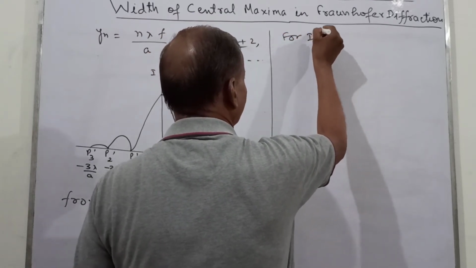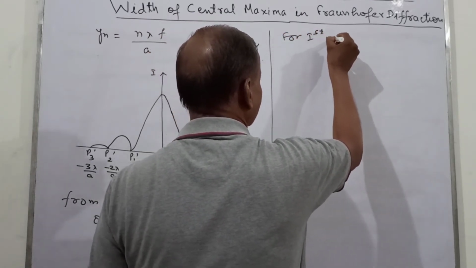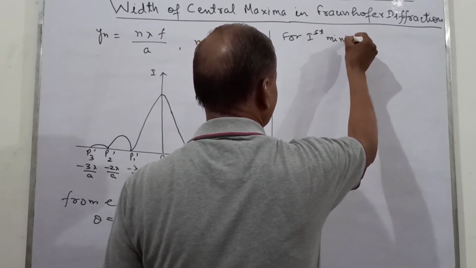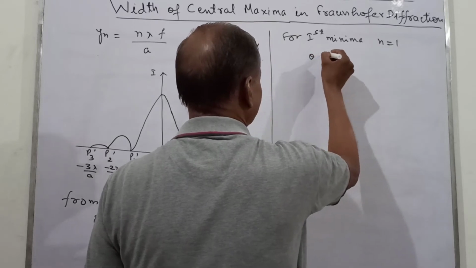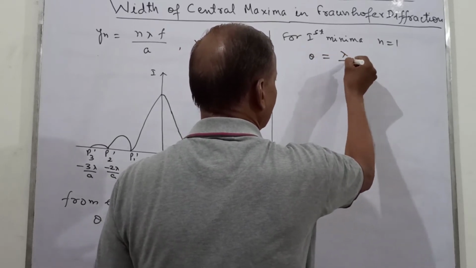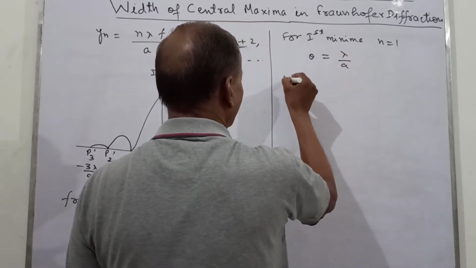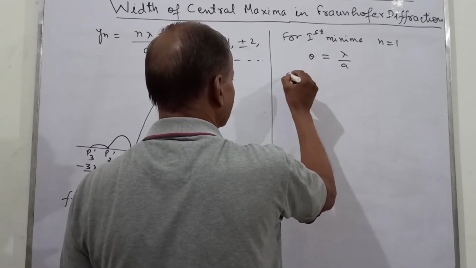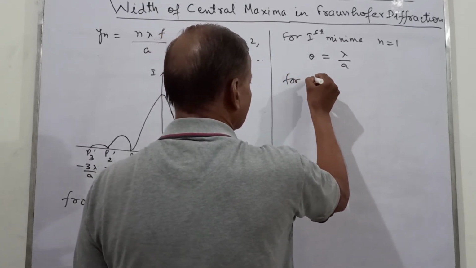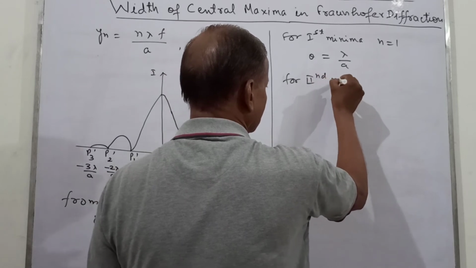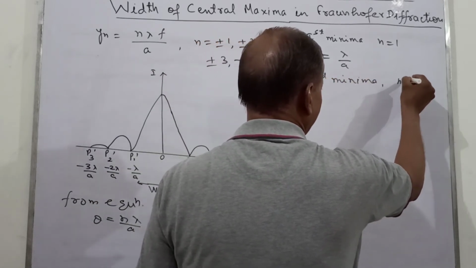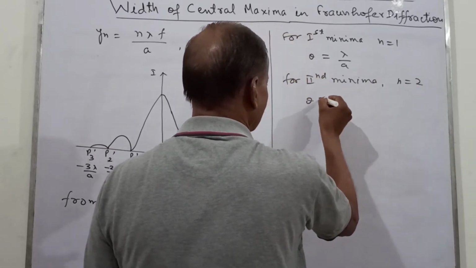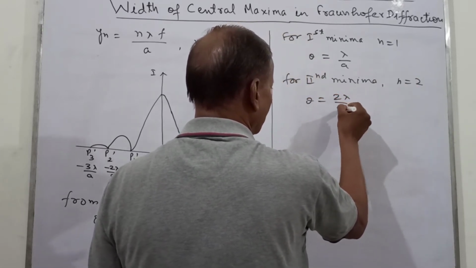For the first minimum, n equal to 1, so theta is equal to lambda upon a. For the second minimum, n is equal to 2, so theta equals 2 lambda upon a.